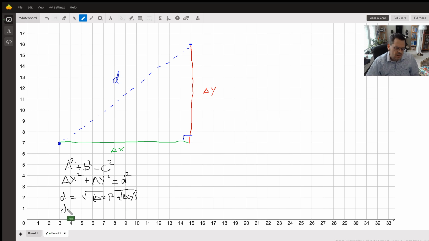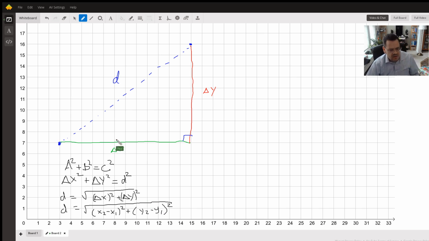And the change in x is the difference between these 2 points, or the x values. So that's going to be the second x value minus the first x value squared, plus the second y value minus the first y value squared.